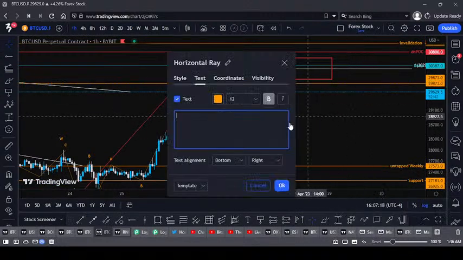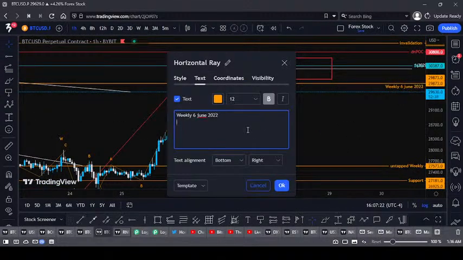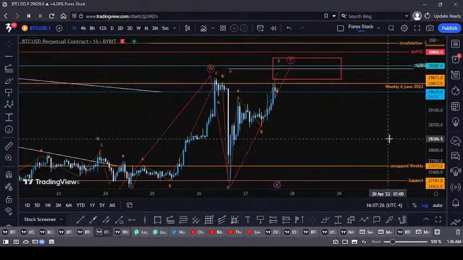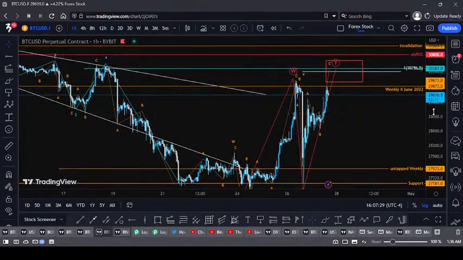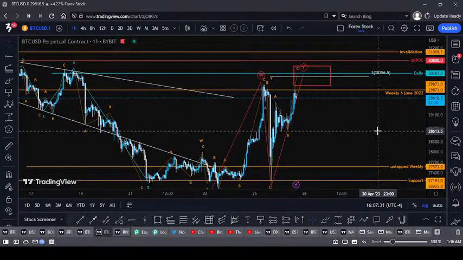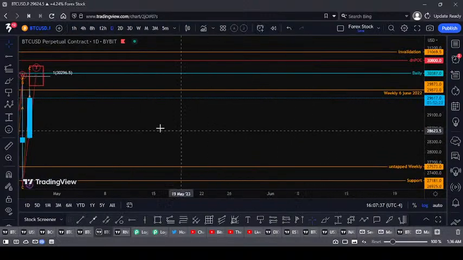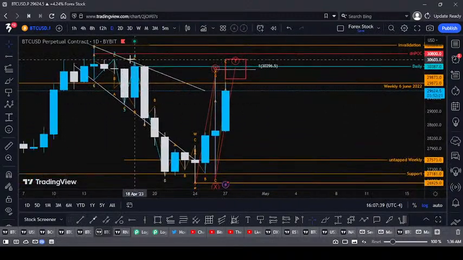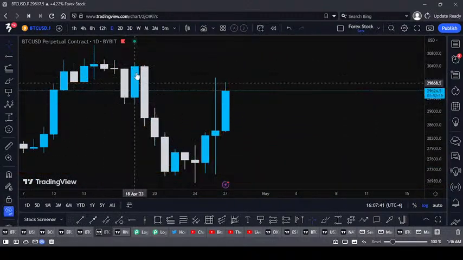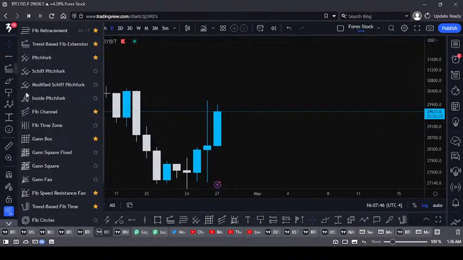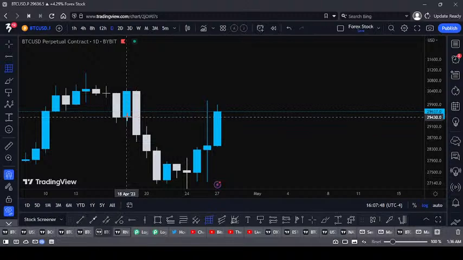Right now we're testing the weekly from 6th June 2020, and that is really a key level for me, because that is giving a tough competition to BTC right now. And also there is a daily order block here. That is our daily order block. It is so big that it gives a good trade.